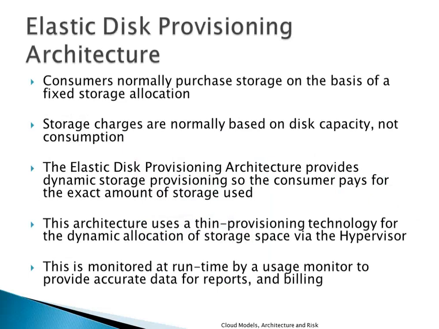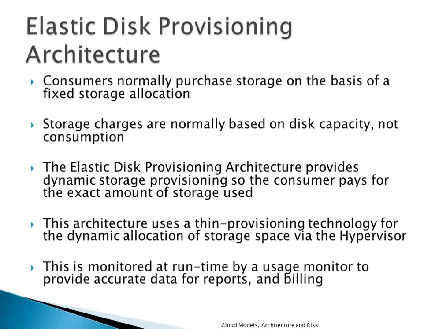The next thing that we'll look at, and then we'll have a break again, James, is elastic disk provisioning. Now this is really an interesting one and something that a lot of people don't think about. Normally you purchase some S3 storage from Amazon on the basis of, I need a petabyte or 500 terabytes or whatever.